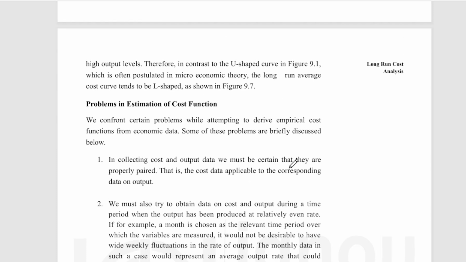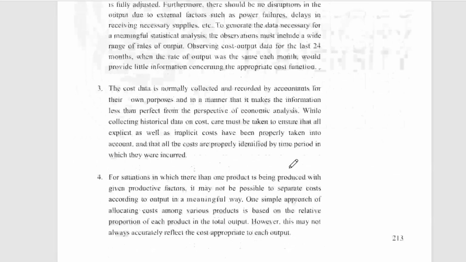And therefore, in contrast to the U-shaped curve, that is figure 9.1, which is often postulated in microeconomic theory, the long run average cost curve tended to be L-shaped, that is in figure 9.7.